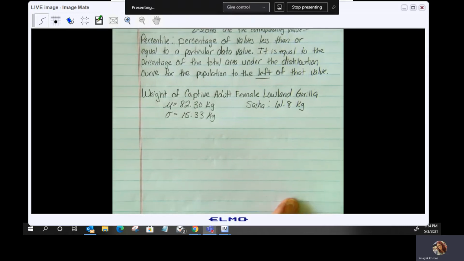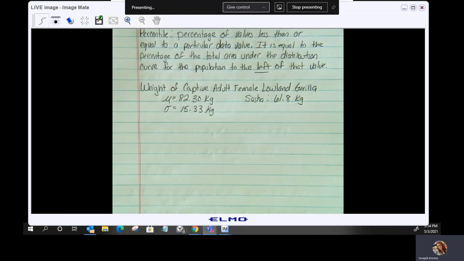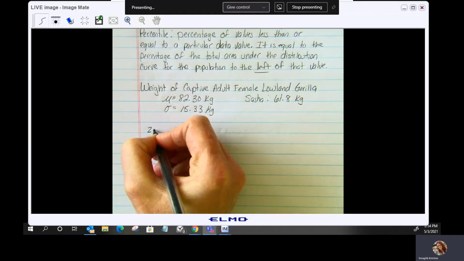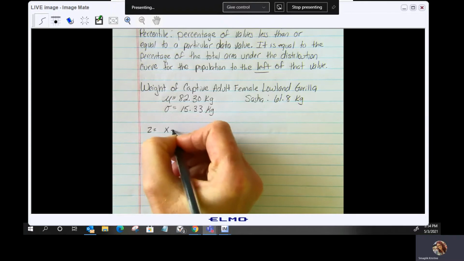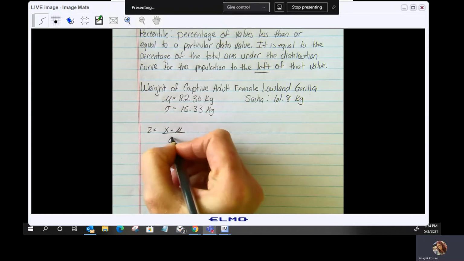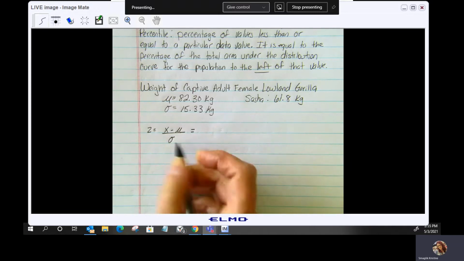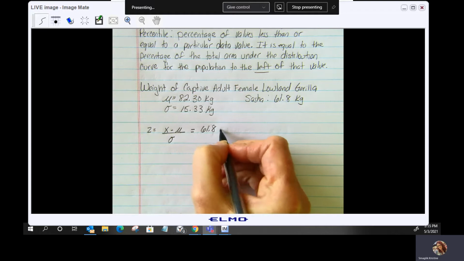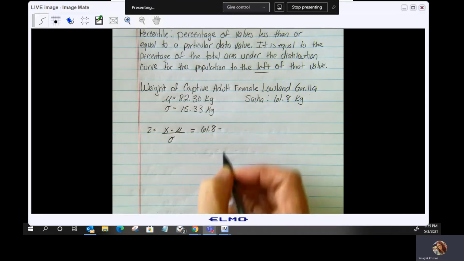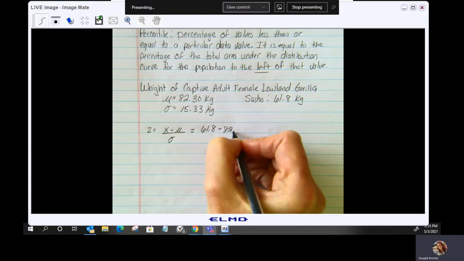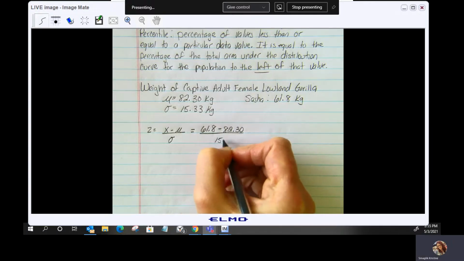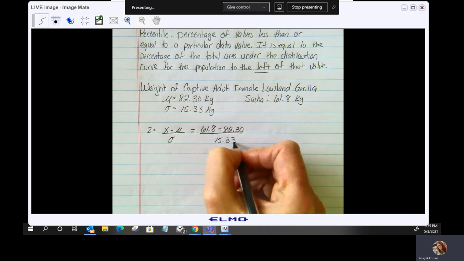So this is the information we were given. Let's go ahead and calculate her z-score. If you remember, the z-score is your data value minus the mean, divided by the standard deviation. So her data value, her weight, is 61.8, minus the mean of 82.30, divided by the standard deviation of 15.33.